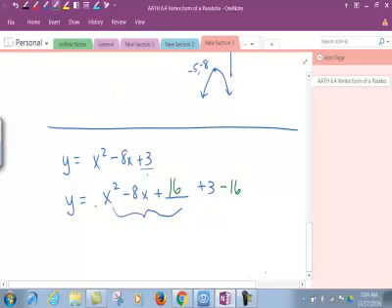So I haven't changed the value of this side of the equation, I've just changed how it looks. The reason we do this is that then we can write this as the binomial x minus 4 squared minus 13. This is the vertex form of the parabola, and the vertex is at 4, negative 13.